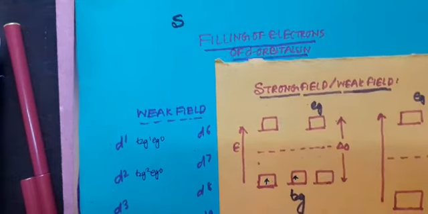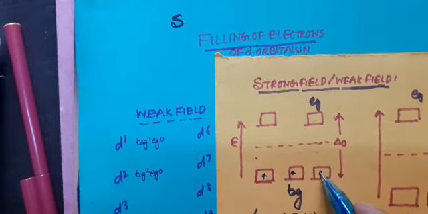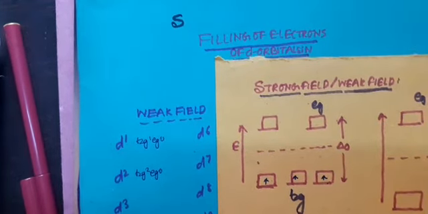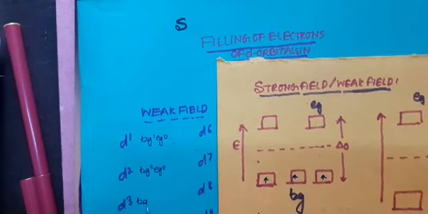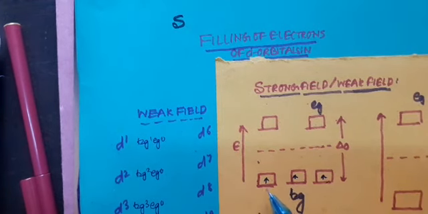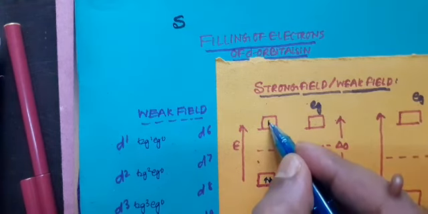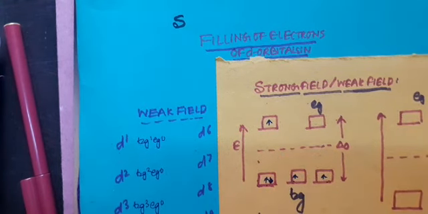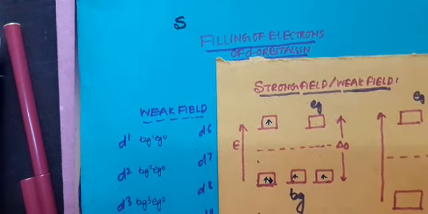For D3, we fill 3 electrons in the T2G set and it will be T2G3 EG0. If there are 4 electrons, first 1, 2, 3, and then the fourth jumps to the EG set of orbitals, and it will be T2G3 EG1.